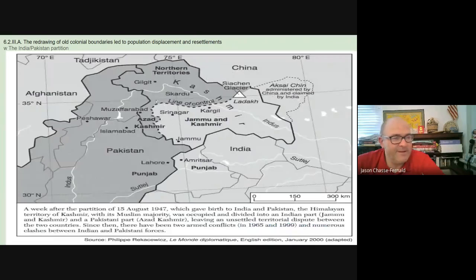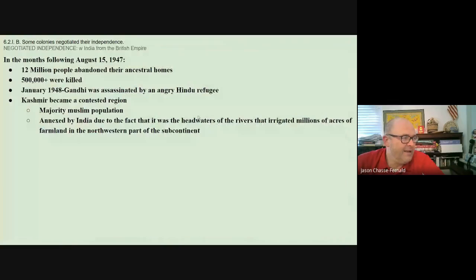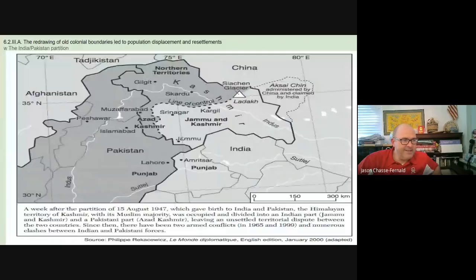All right, so when you're talking about Kashmir, some of the basic issues here is that there is a majority Muslim population that lives there, but it was annexed by India due to the fact that the headwaters of the rivers that irrigate millions of acres of farmland in the northwestern part of the subcontinent are in this region.